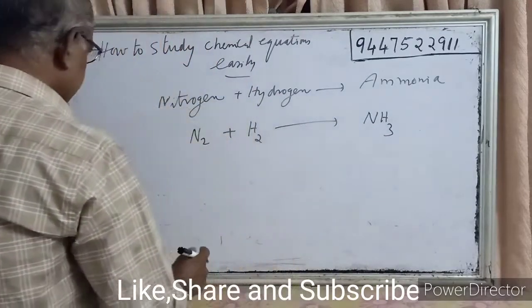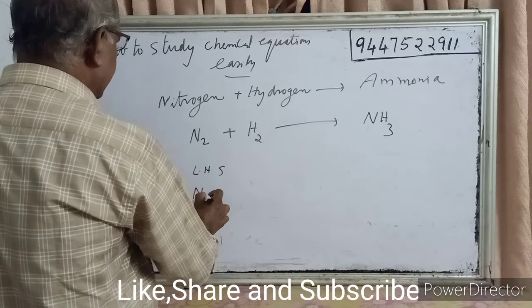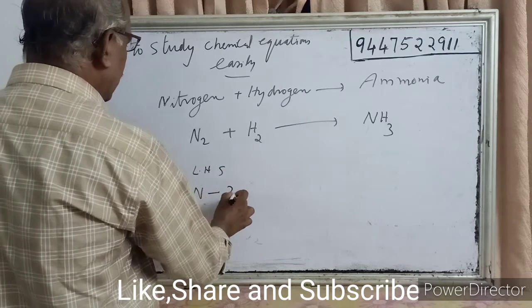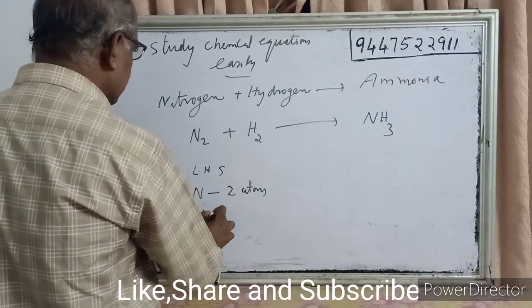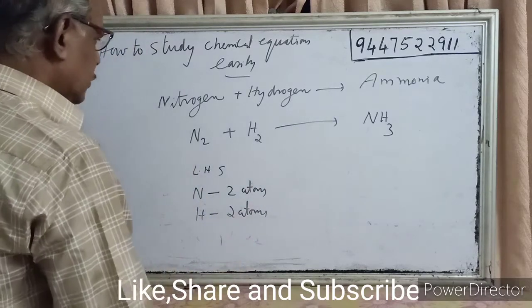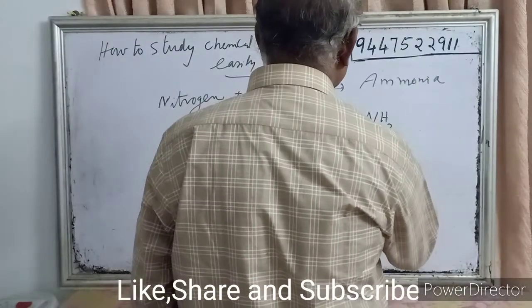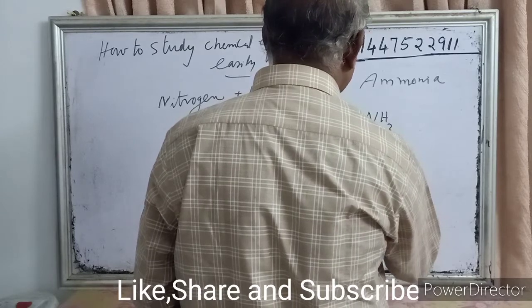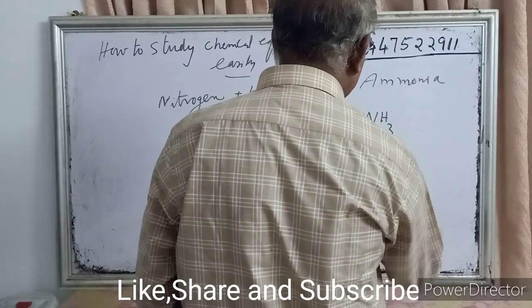In this case, the left hand side contains nitrogen 2 atoms and hydrogen 2 atoms. But on the right hand side, nitrogen is only 1 atom and hydrogen 3 atoms.